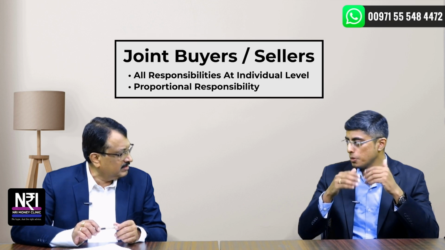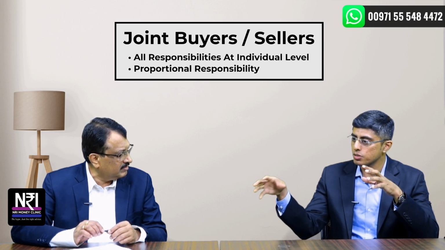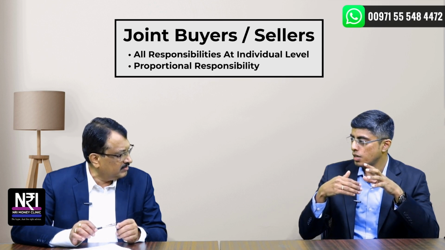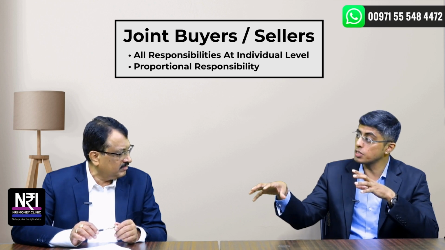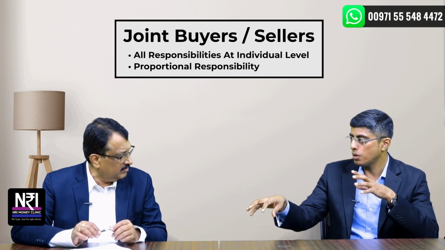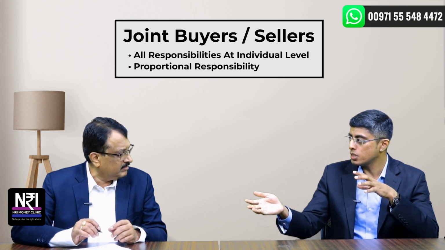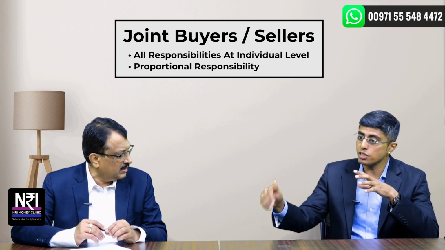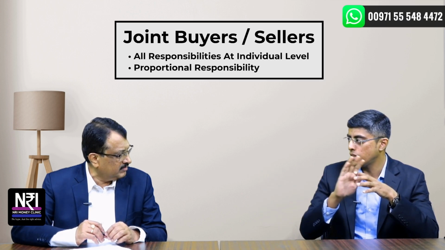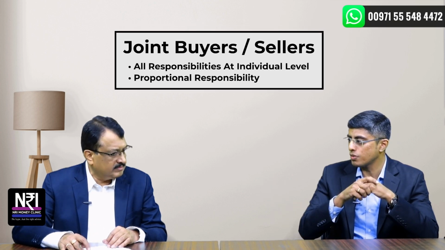Now, if there are multiple sellers, then the buyer has to deduct TDS for each seller as such and remit it to the government, and again file TDS returns, but the TDS return will be one for him because he is one buyer. But if there are multiple buyers, then each buyer has to deduct, and each buyer should have a TAN. He has to individually file TDS returns and provide the tax credit for whatever they have deducted.